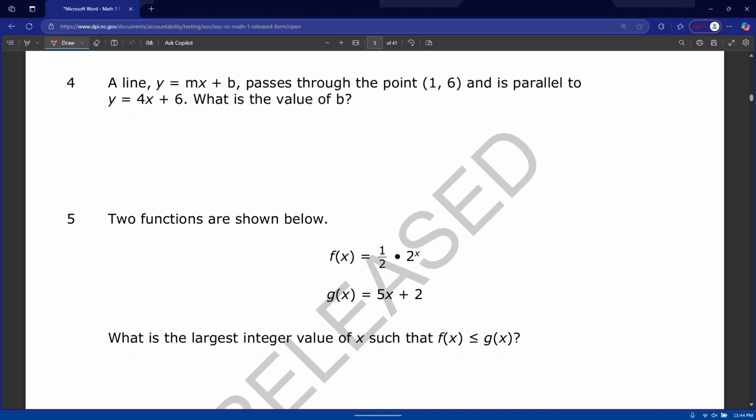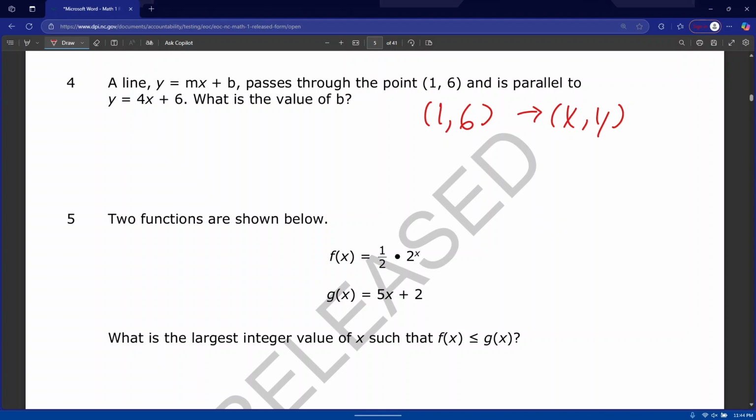Okay, so you need to realize how coordinate points work. (1, 6) is set up in the form of x and y. So to solve for b, we just need to plug 1 and 6 into y equals mx plus b.